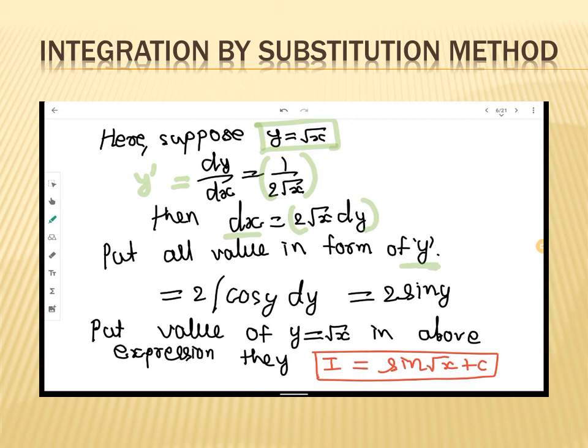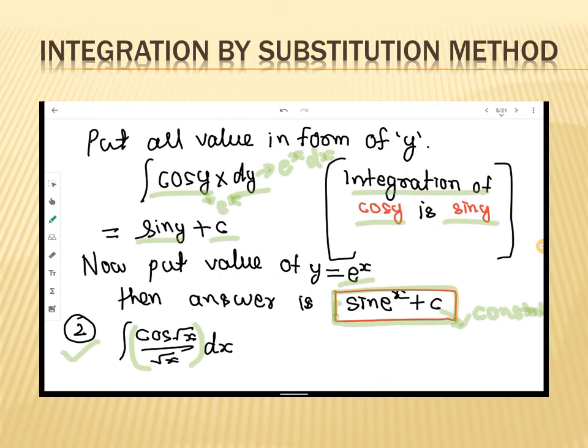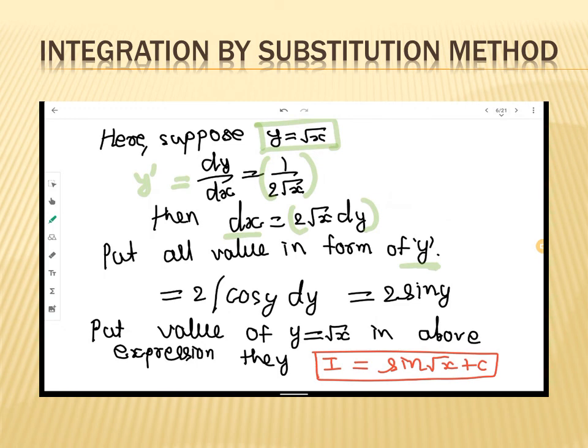Because dx is equal to 2 root under x dy, we replace and put the value of dx. Then we get 2 cos y dy.